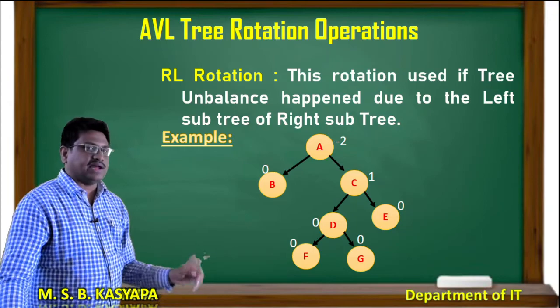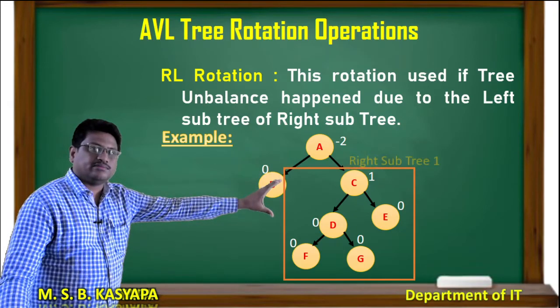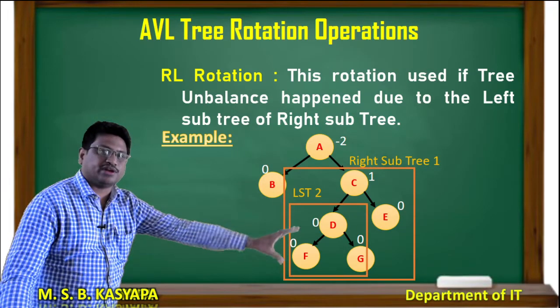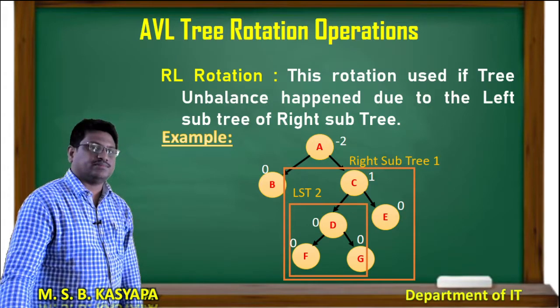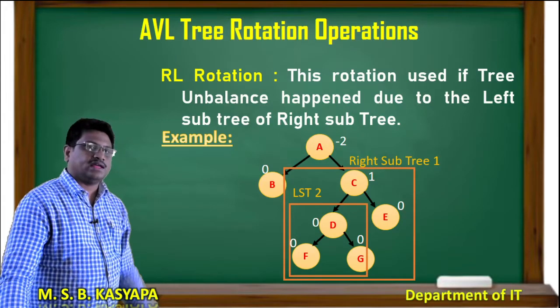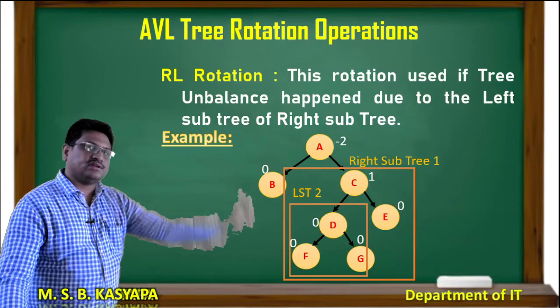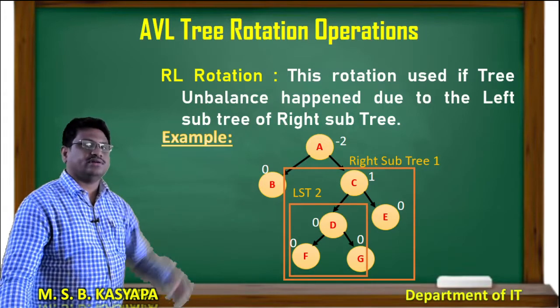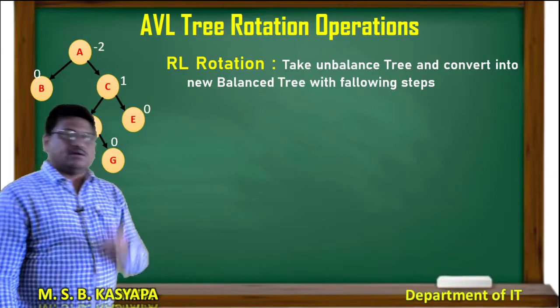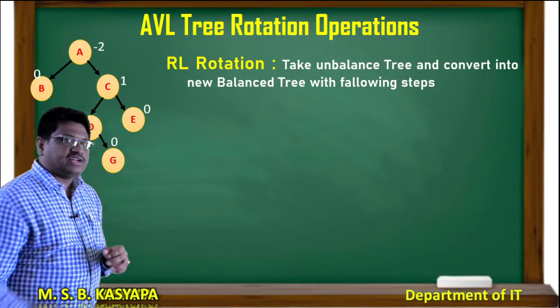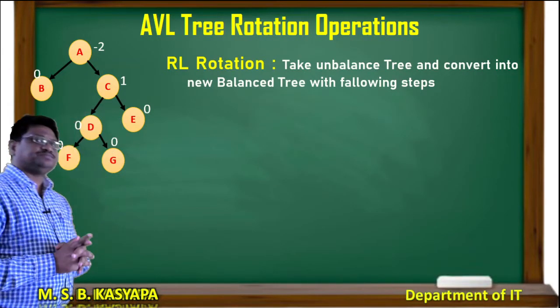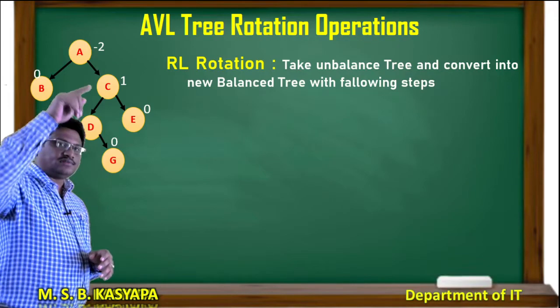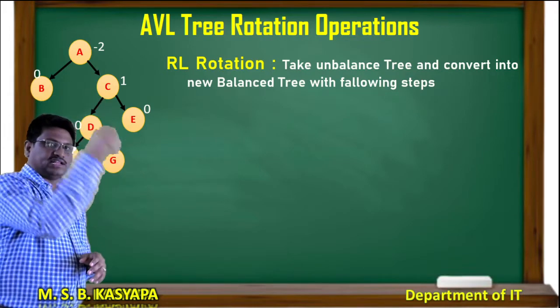So it is not a balanced tree. If you see, it happened because of the right subtree of the left subtree. Am I right? Now, if it is like this, then what do I have to do? See, if it is LR, LR, that means left right.